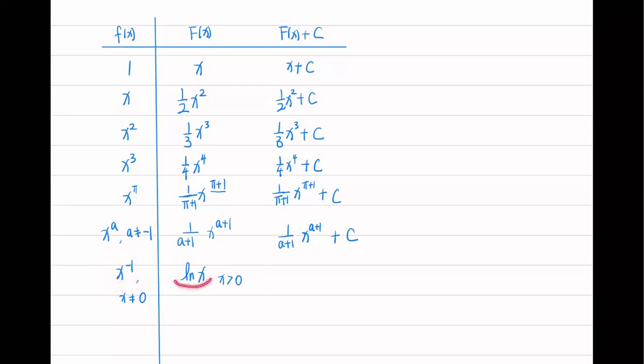We modify this a little bit. How do we modify this? How do we include the negative numbers? Okay, so we have done this before. This time we make a small modification. It's still logarithm.